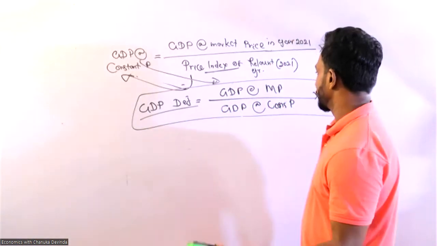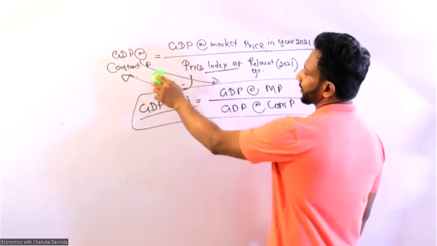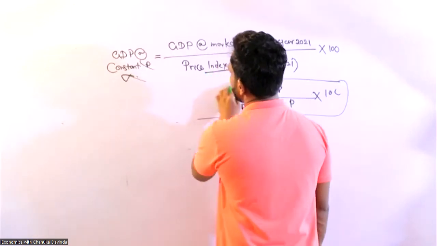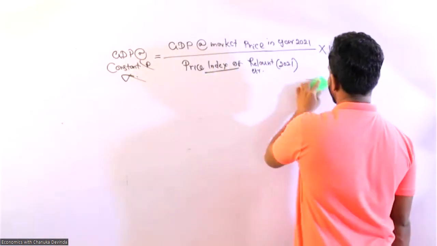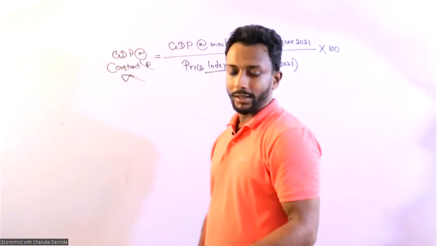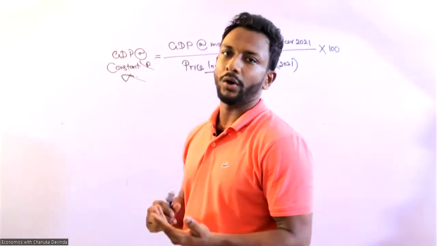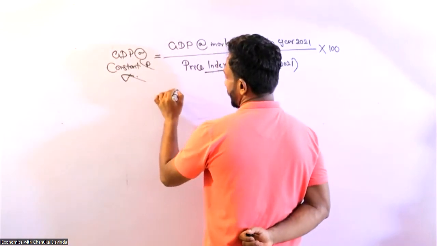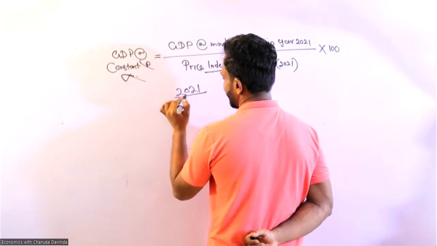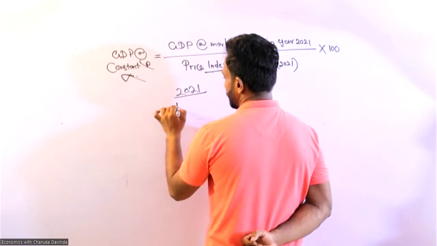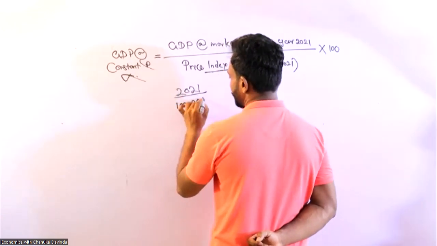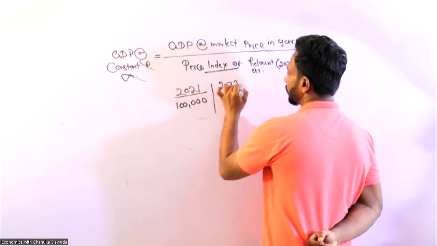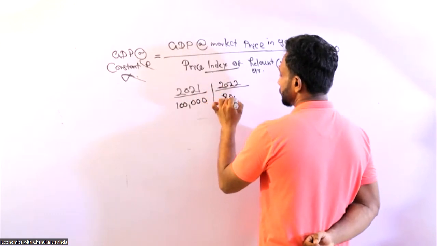So as the answer, here we calculate the constant GDP. When we calculate the constant GDP, what is the increment or reduction of that constant GDP? That is the economic growth. Let's say in 2021 the constant price GDP, as per the previous example, was 100,000. And in 2022 it was 80,000.